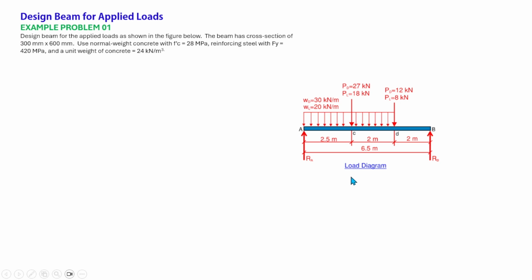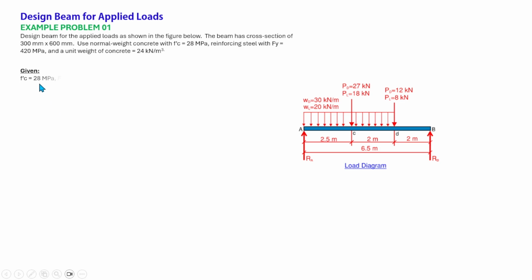As you can see here, we have the load diagram and we are given a set of loading that consists of dead load and live load, concentrated loads, and uniformly distributed loads of 30 kilonewton per meter and 20 kilonewton per meter, with a span of 6.5 meter beam.